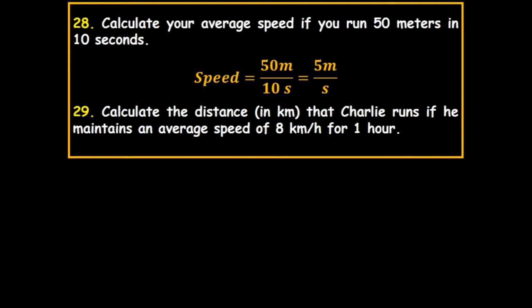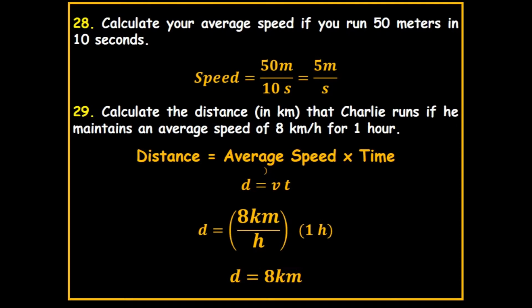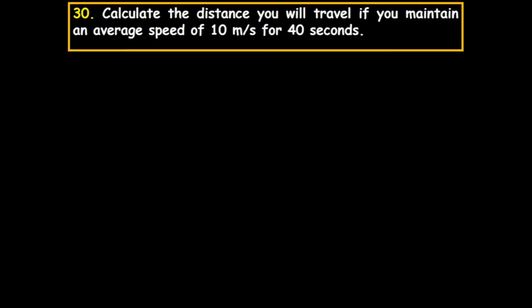Very basic. Calculate the distance in kilometers that Charlie runs if he maintains an average speed of 8 kilometers per hour for 1 hour. It would be, distance is velocity times time. It would be 8 times 1, which would be 8 kilometers.